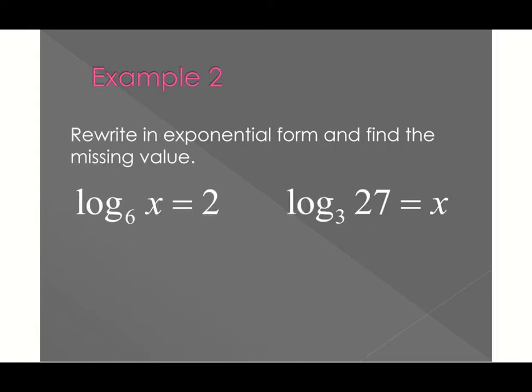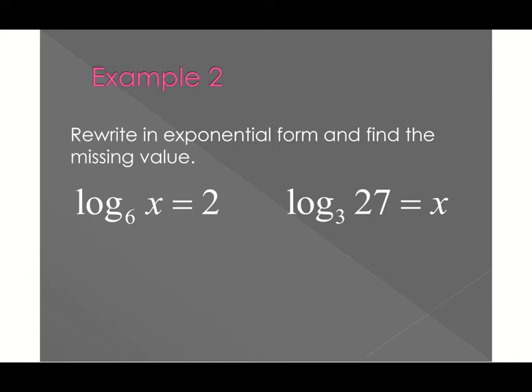So example 2, we're starting to lead into being able to find inverses. It says rewrite in exponential form and find the missing value. So now we have an x value that we want to be able to find. If we're given one form to solve, we need to go to the other.